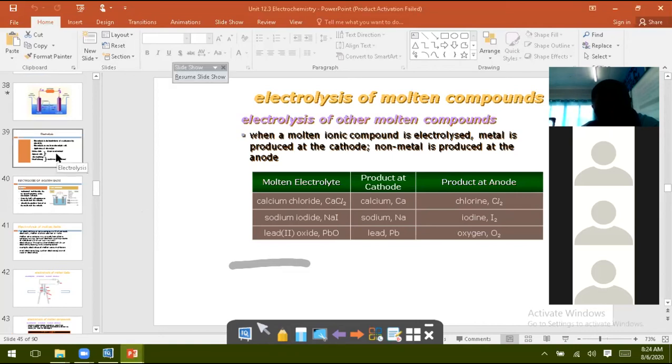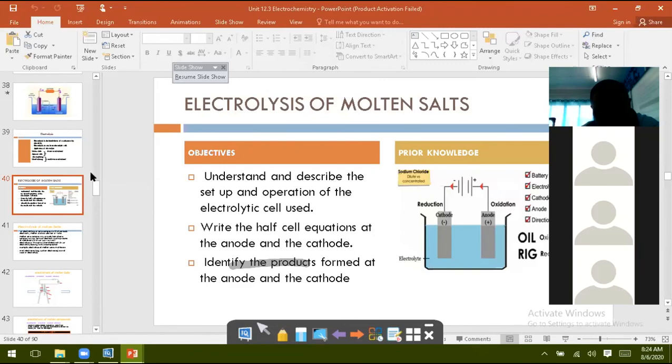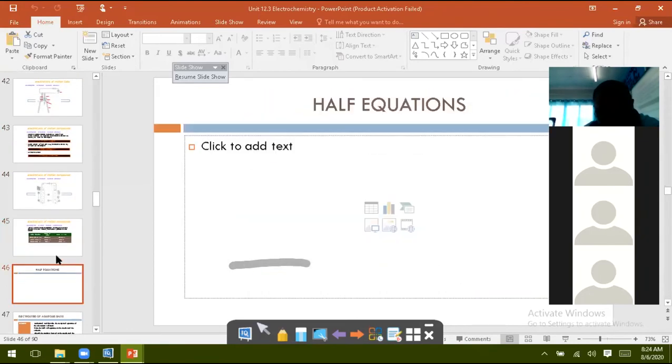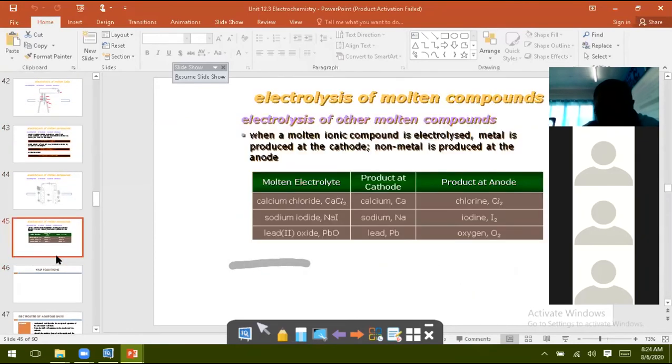So for the electrolysis of molten salts, there are only two ions involved: the metal ion and the non-metal ion. From the examples that I explained here, for example, calcium chloride, when the electricity is passed through molten calcium chloride, the Ca2+ ions will move to the cathode and the Cl- ions will move to the anode.